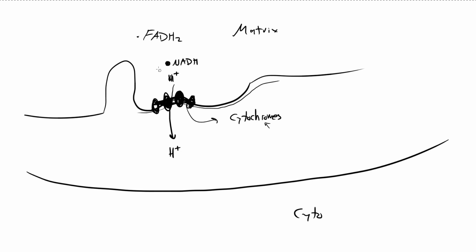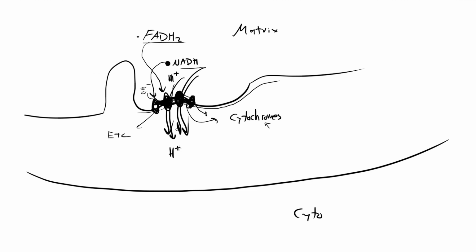Okay, and how is it powered? By the NADHs and by the FADH2s. Their role is to donate electrons to this, which is basically the electron transport chain. And so as the electron falls downhill, it's doing work by pumping the protons into this inner lumen, right? This is the mitochondrial lumen, the space in between these two membranes.